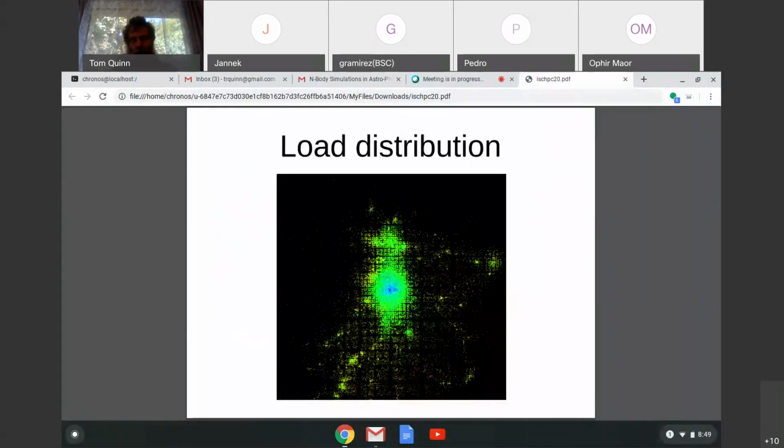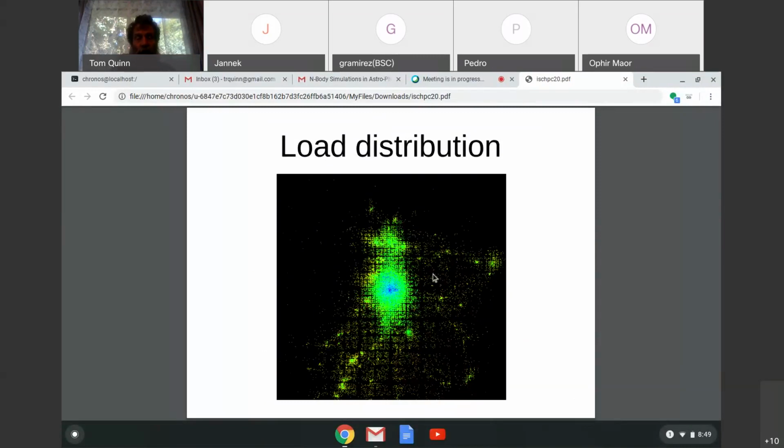So going back to the load distribution. Here's another data set similar to one I showed you earlier, but each point here is not a particle. It is a tree piece, and the color is the relative computational cost for calculating gravity on that particular piece.